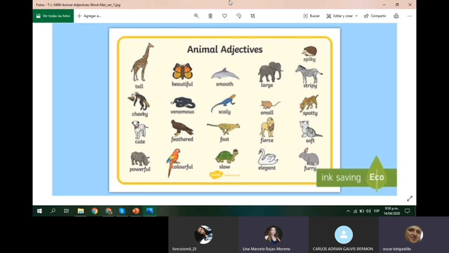Fourth, the snake is more venomous than the bee. The fifth is that the guacamaya is more colorful than the dolphin. Okay, Lina, thank you.